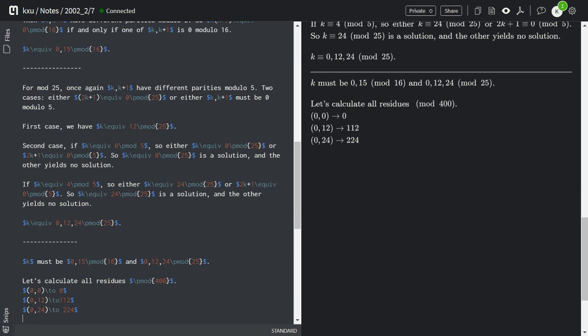Interesting how it doubled. I'm pretty sure there's some trick to it, but I'm too lazy to do that. So 15, 0. And of course, it's always nice to double check your answers.